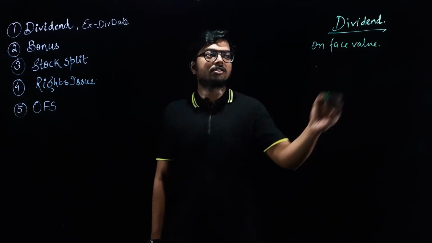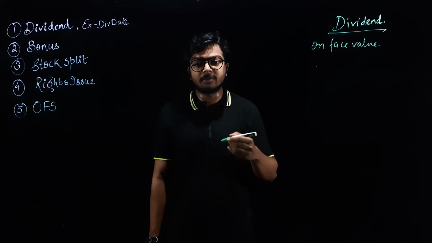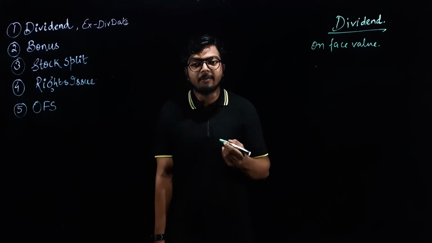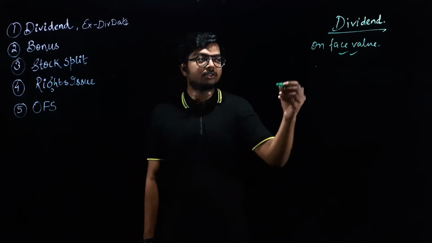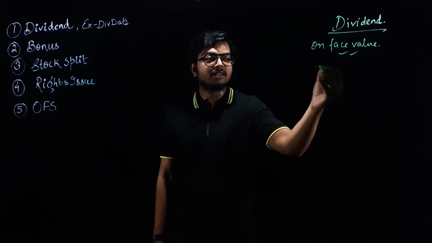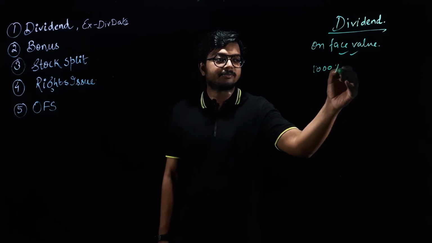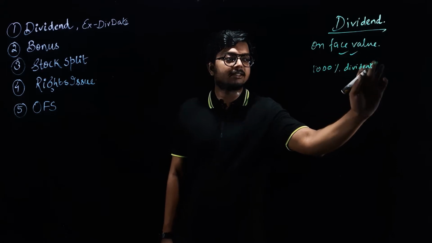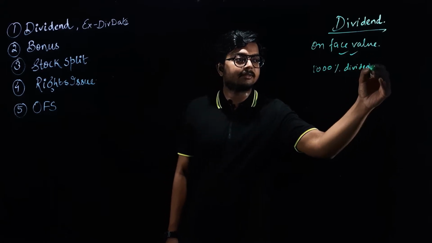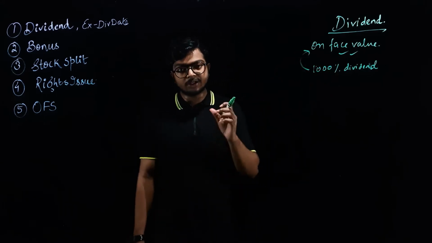Remember, in the first lecture we talked about the face value, when we computed how many shares a company can have, I told you about the face value of a company. Say for example, the company announces a 1000% dividend. Remember that this dividend is on the face value, not on the actual stock price.